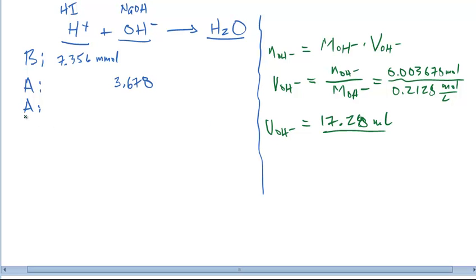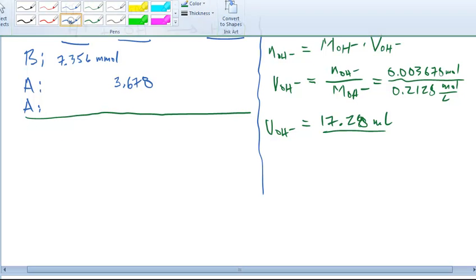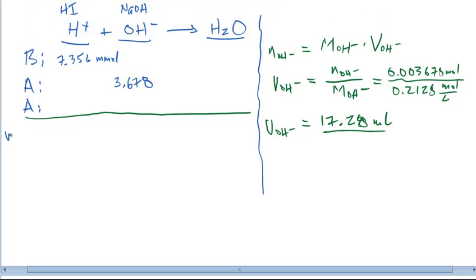So I'm going to come over here and make another row, and I'm going to call this the volume section. To start, when we just had the acid at the very beginning of the titration, it tells us that we had 37.00 mL.